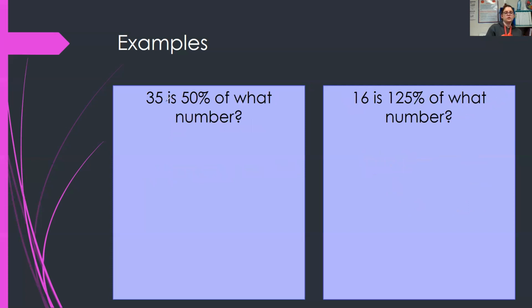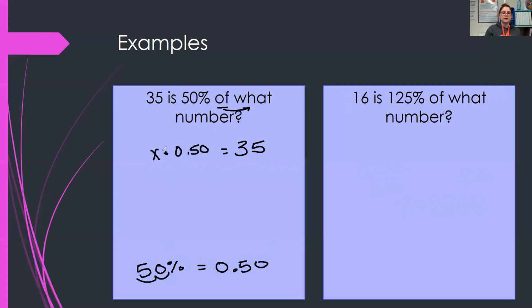Okay, 35 is 50% of what number? So we have our is, that's 35. We have our 50%, that equals 0.50. What number? Our of number we don't know, so we can say x times 0.50.